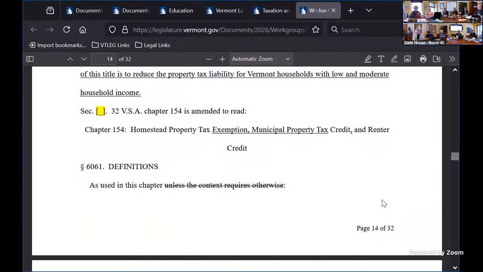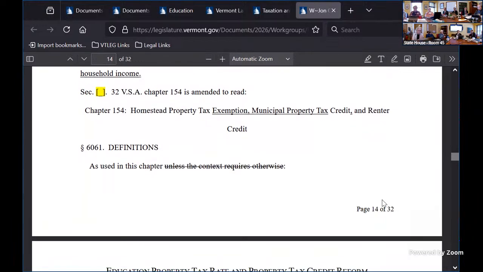Thank you. So now we're talking about chapter 154, which under existing law is your homestead property tax credit and renter credit chapter. This is being proposed to be replaced with a homestead property tax exemption while retaining the existing municipal property tax credit and renter credit. So we're removing the existing education property tax credit, which is what we typically think of when we're talking about income sensitivity measures related to the education property tax.